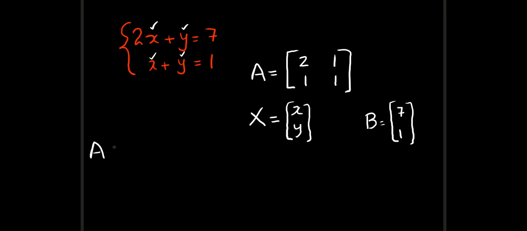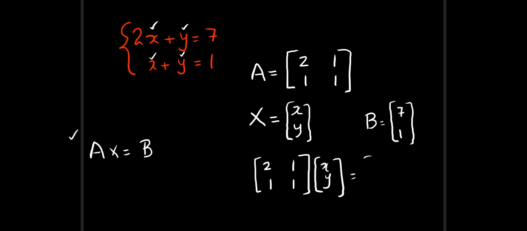Now look at this. Suppose I write AX is equal to B. So let's try multiplying A and X. So 2, 1, 1, 1 and then x, y is equal to 7, 1.